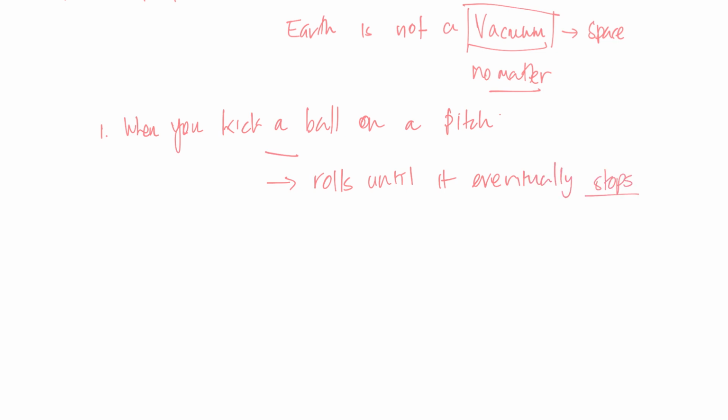Now the reason for this stopping is because if you think of a football pitch, we have grass. And grass is not a smooth surface. So we know that on grass we will have friction.